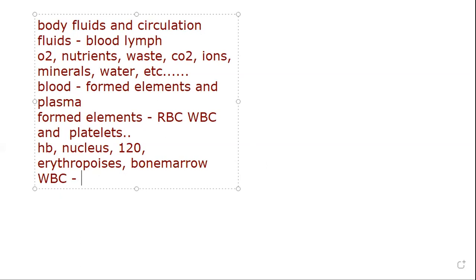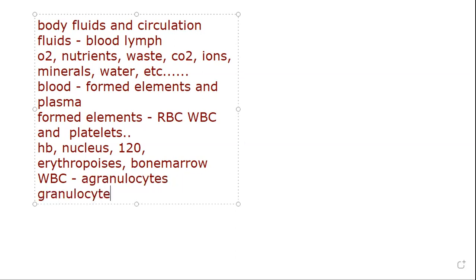These WBC cells are synthesized inside the bone marrow. They are divided into agranulocytes and granulocytes. Two different types are noted under the WBC. Agranulocytes include lymphocyte and monocyte.